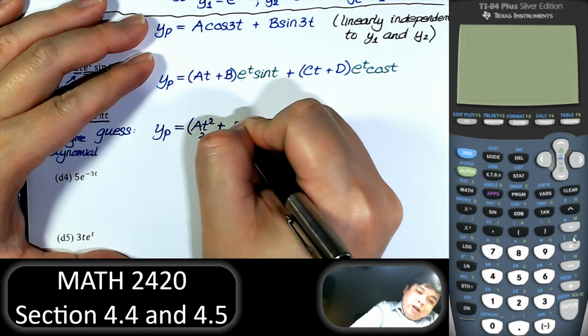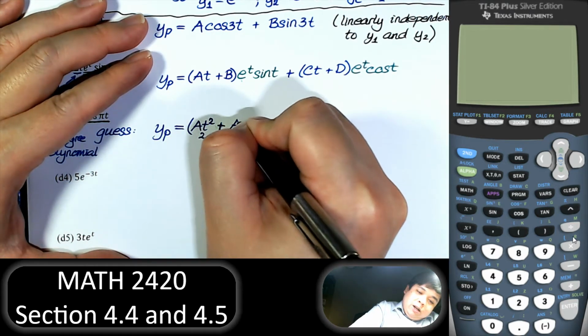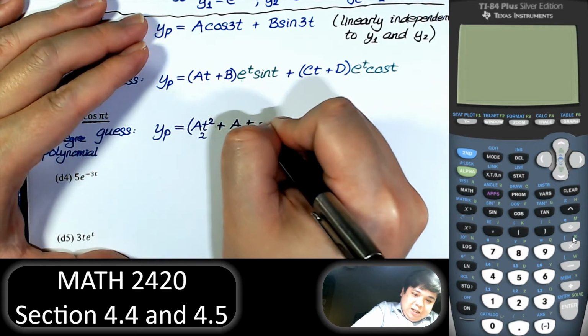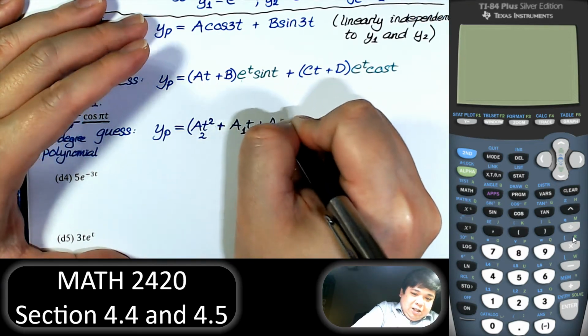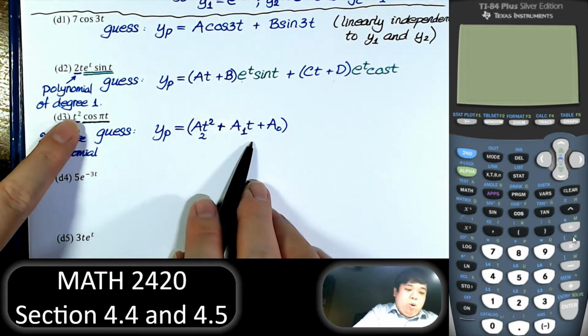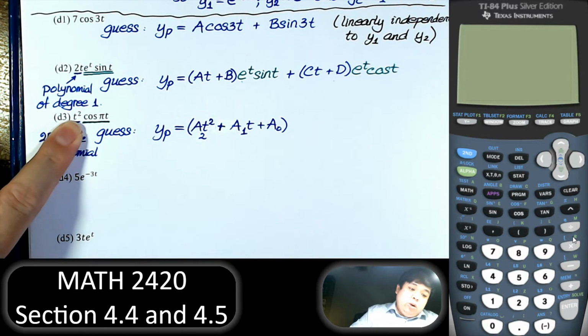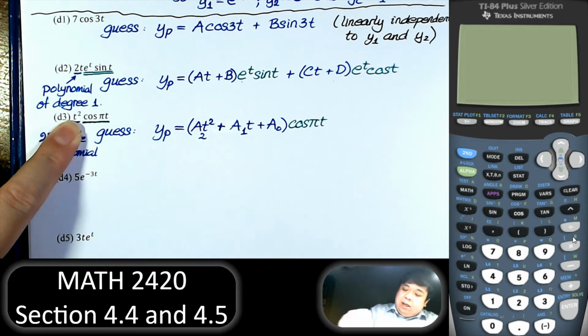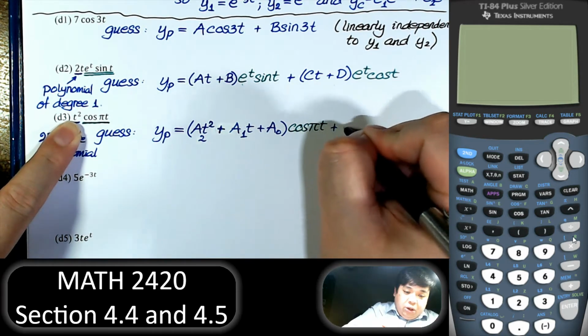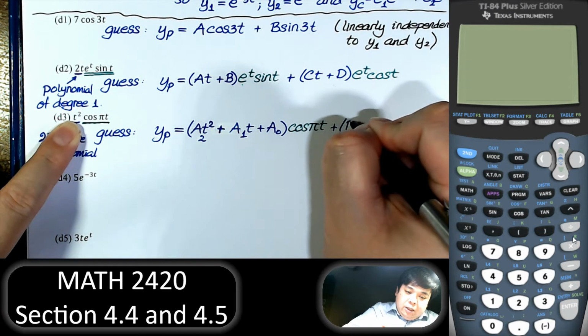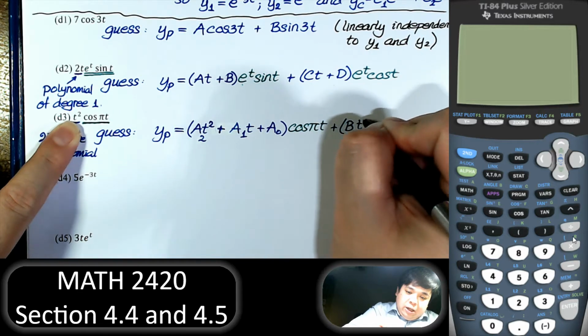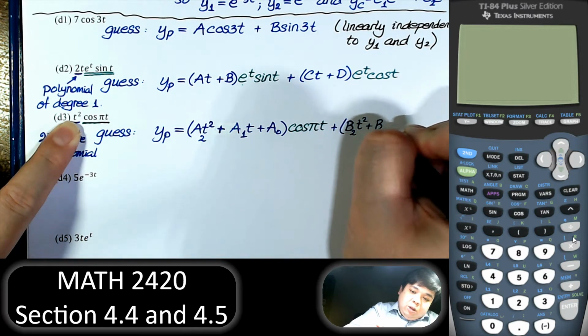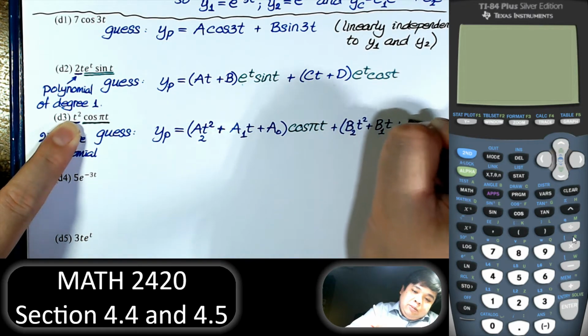A2 t square, A1 t, A0. So this is also a second degree polynomial. And then we will have cosine of pi t. And then another second degree polynomial, b2 t squared, b1 t, b0.